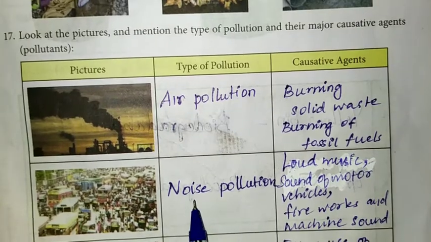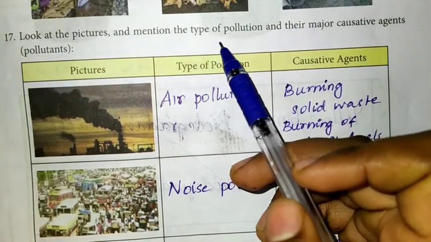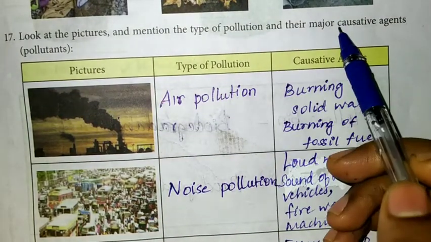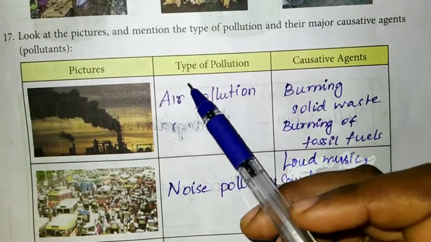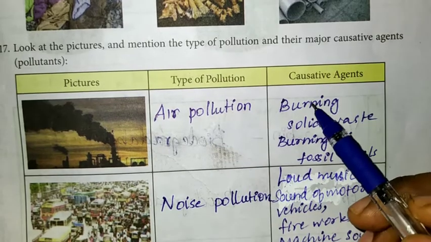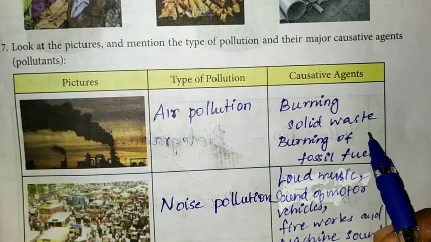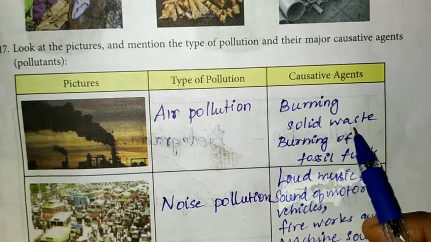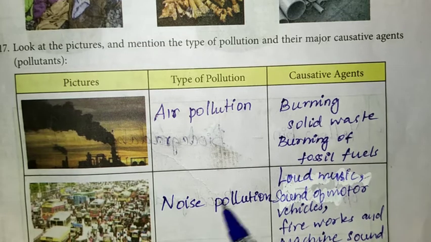17th question. Look at the pictures and mention the type of pollution and their major causative agents. First one is air pollution, that is caused by burning solid waste and burning of fossil fuels.